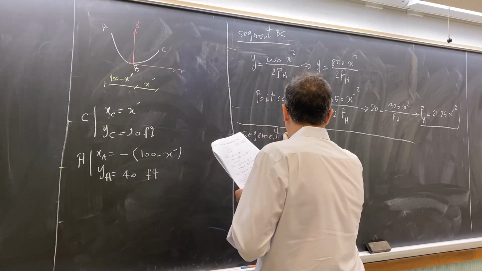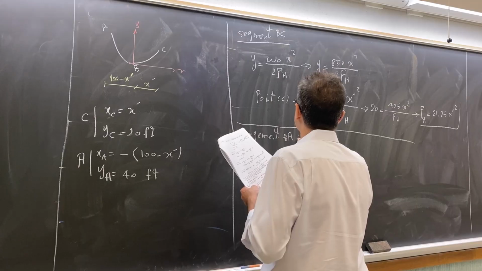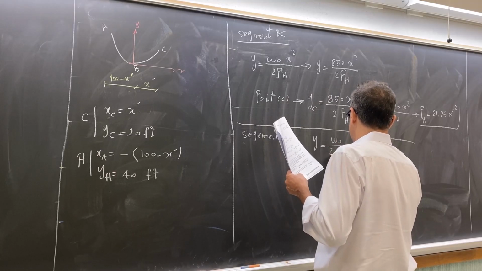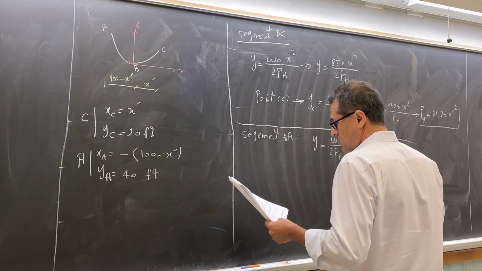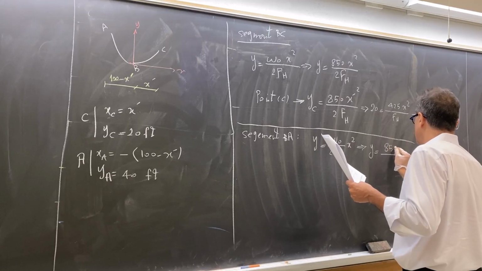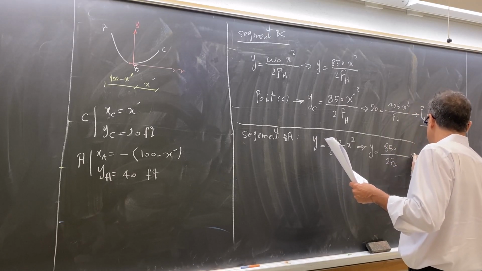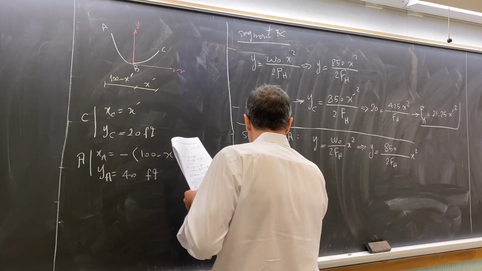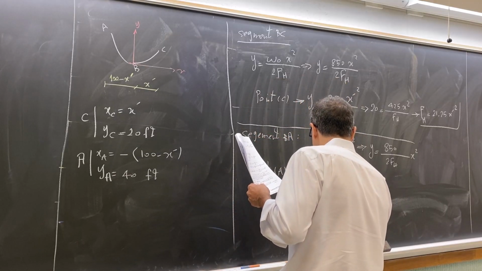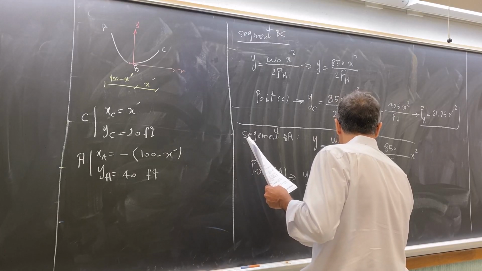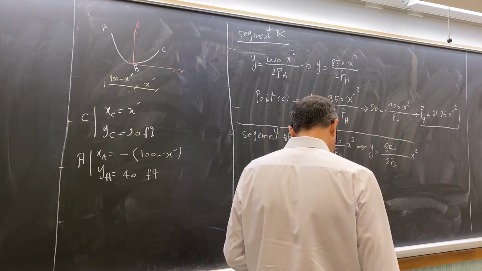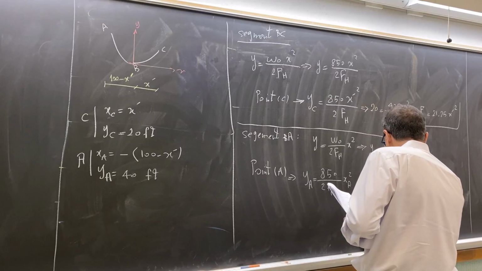For segment BA, again we write this equation, the same equation for the shape of the cable, and then we substitute the values, 850, 2fh x squared, and then we use point A. We have the coordinates of point A. So y for point A is 850 divided by 2fh times x for point A squared. And then we substitute the value. Y for point A is 40 feet.